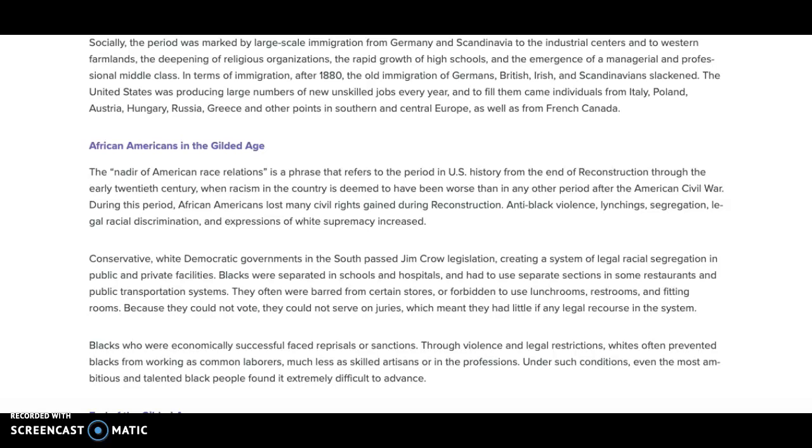In terms of immigration, after 1880, the old immigration of Germans, British, Irish, and Scandinavians slackened. The United States was producing large numbers of new unskilled jobs every year. And to fill them came individuals from Italy, Poland, Austria, Hungary, Russia, Greece, and other points in southern and central Europe, as well as from French Canada.